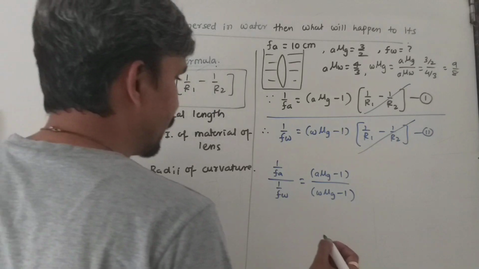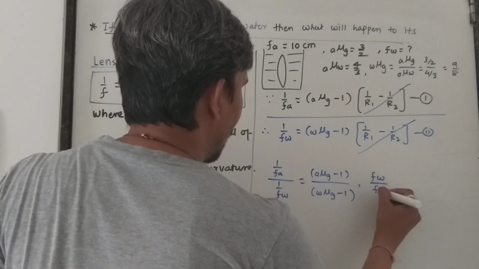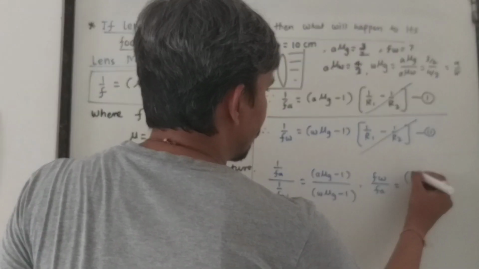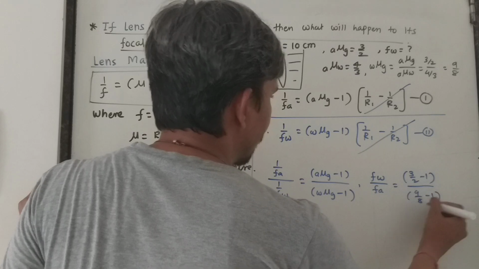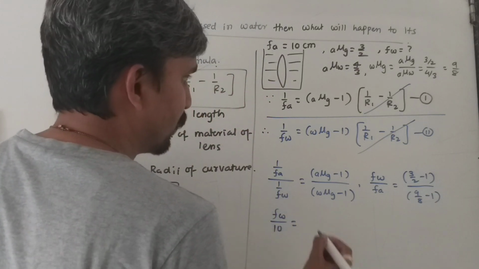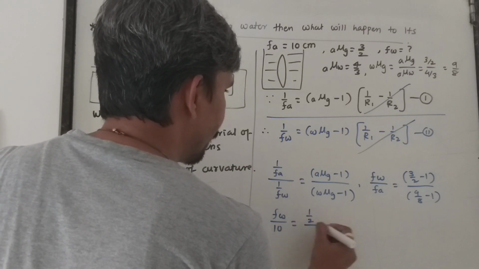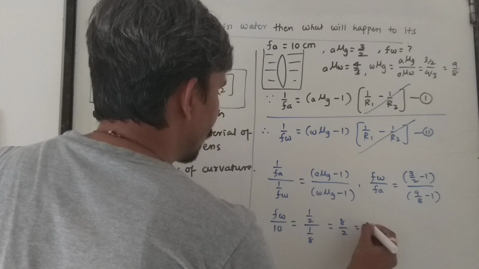I will rearrange this term. I am writing Fw upon Fa is equal to (3 by 2 minus 1) upon (9 by 8 minus 1). So Fw upon Fa, which is 10, is equal to 1 by 2 upon 1 by 8, so this is 8 by 2, which is equal to 4.